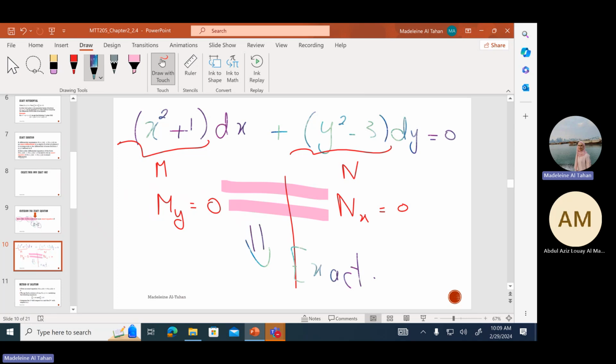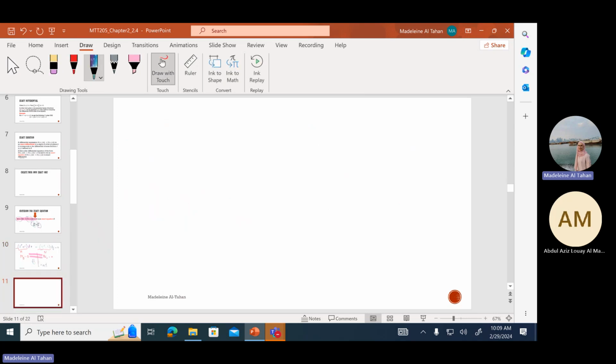Okay, miss? Let's give another example. Does the 0 have to be on the right? It could be another. Yeah. You need to write it in this form. Suppose that I'm giving it to you in this way: x squared y dx equal sine x dy.